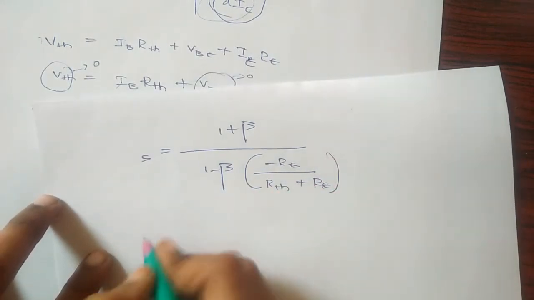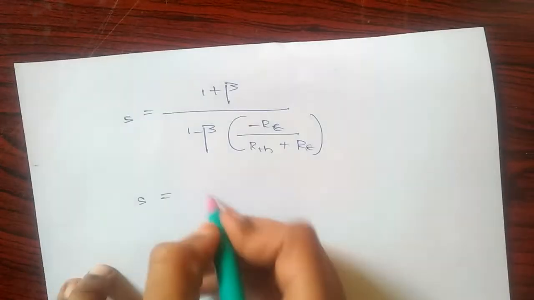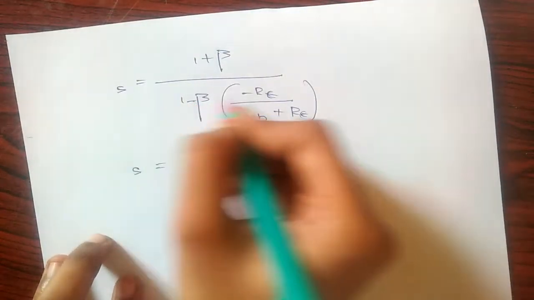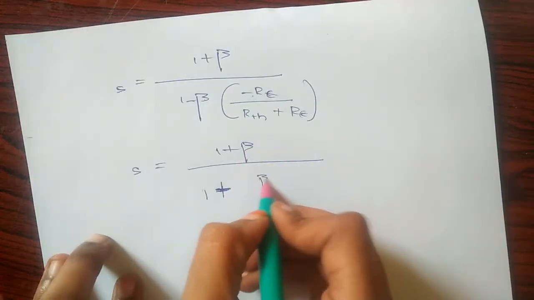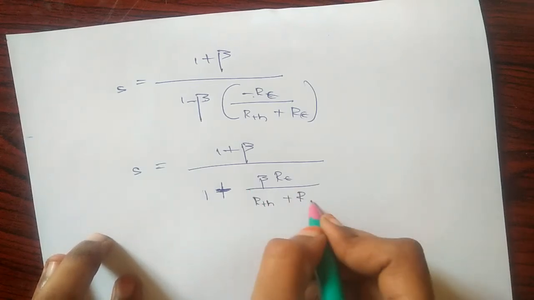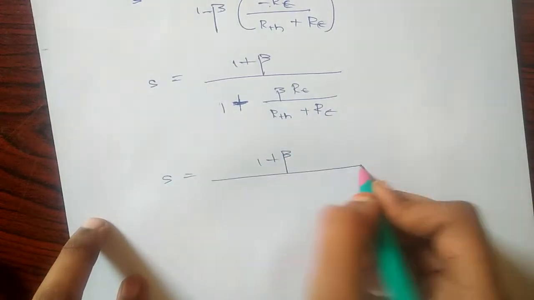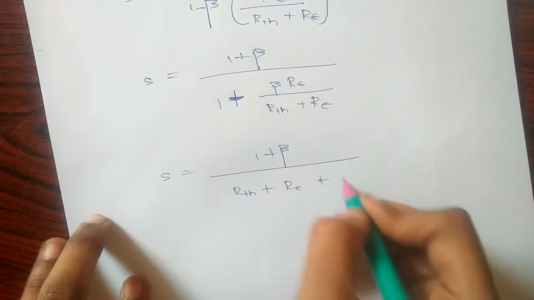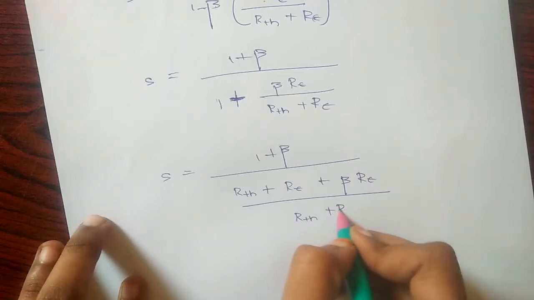Now if we simplify, we get S is equal to 1 plus beta by 1 plus beta RE by RTH plus RE. Now S is equal to 1 plus beta by RTH plus RE plus beta RE by RTH plus RE.